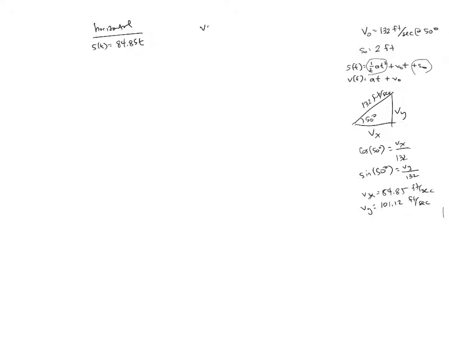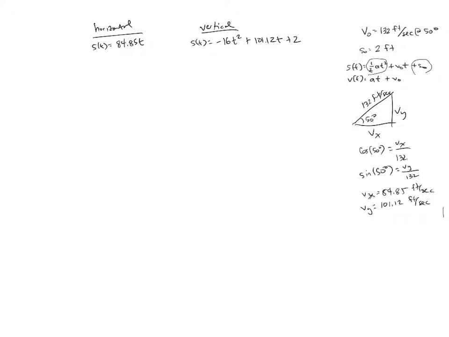And then with the vertical motion, s of t equals 1/2 a t squared, and the acceleration is negative 32 here, so that'd be negative 16 t squared, plus 101.12 t plus 2. We talked about all that in class.